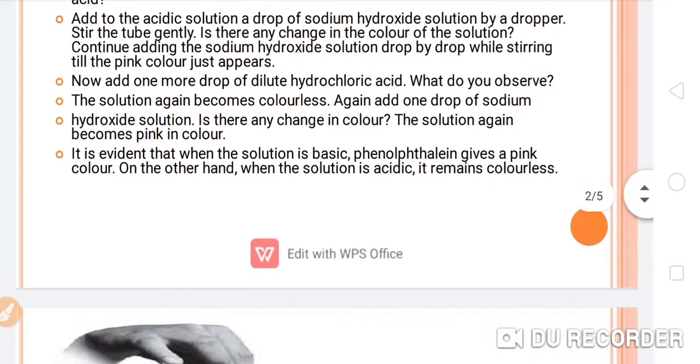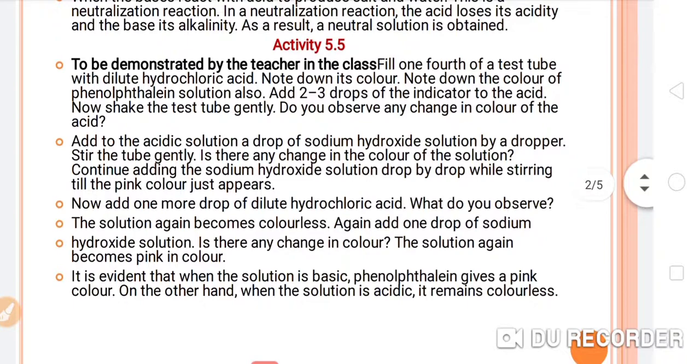It is evident that when the solution is basic, phenolphthalein gives a pink color. On the other hand, when the solution is acidic, it remains colorless. So this was the activity which we have done.